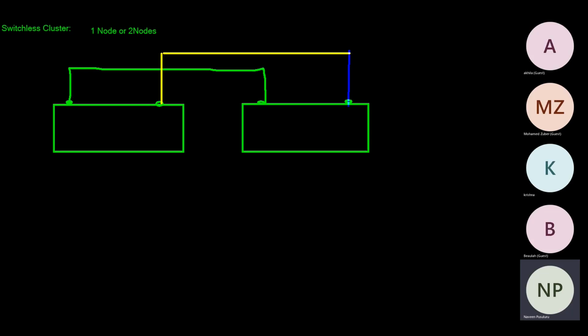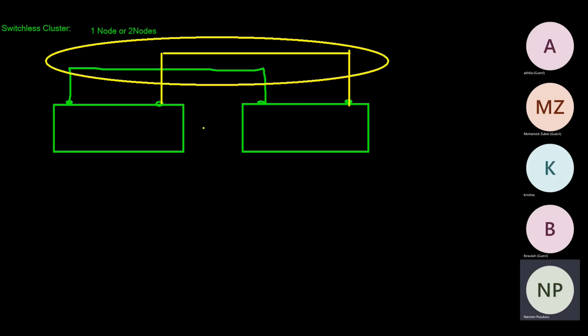This is how we connect. Once we do the connections, automatically these 4 ports will get IP addresses in the same range as I told you, 169.254.x range.